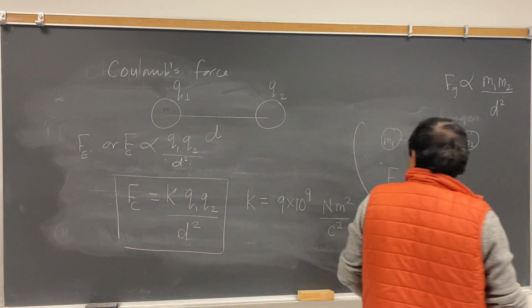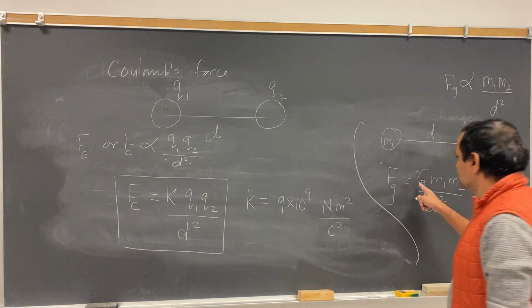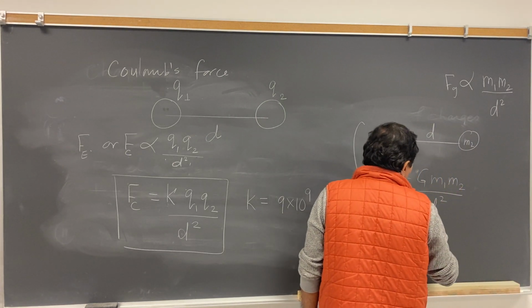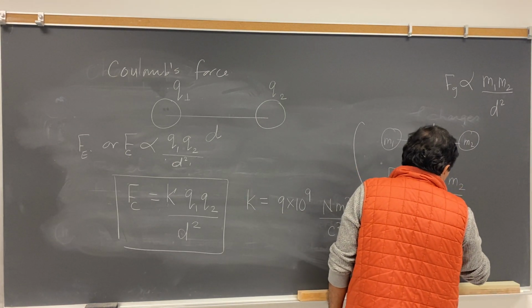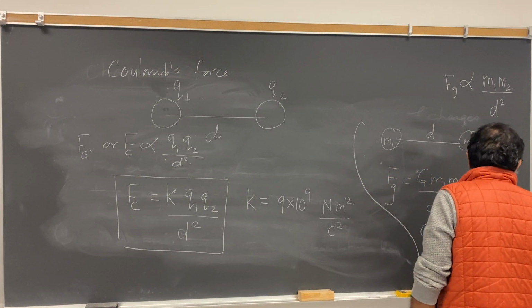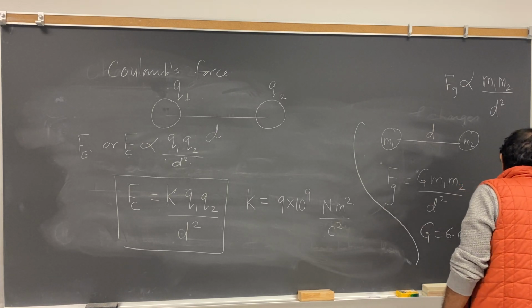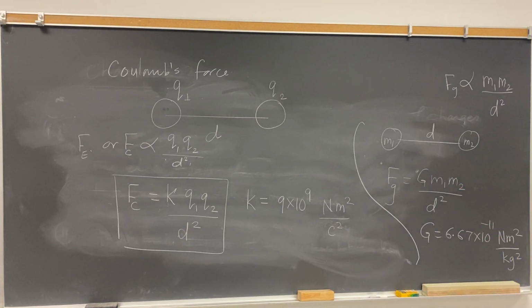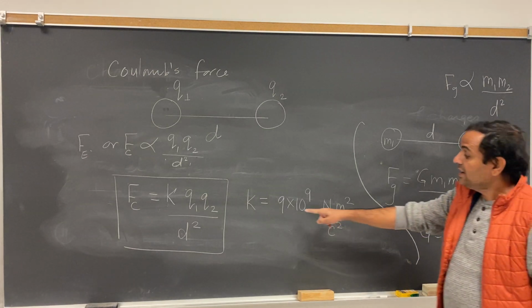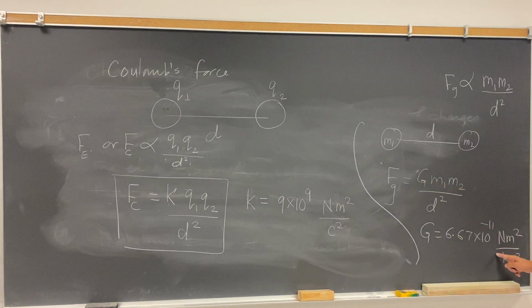In the case of gravitational force, the universal gravitational constant G is equal to 6.67 times 10 to the power negative 11 Newton meter square per kg square. But this one is 9 times 10 to the power 9. This number is really big and that number is really small.